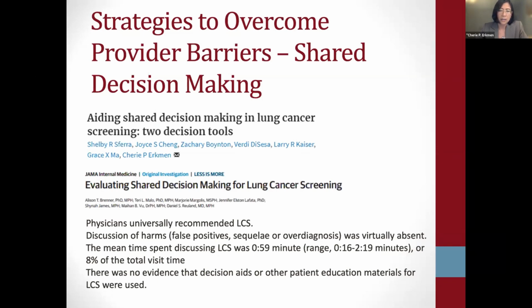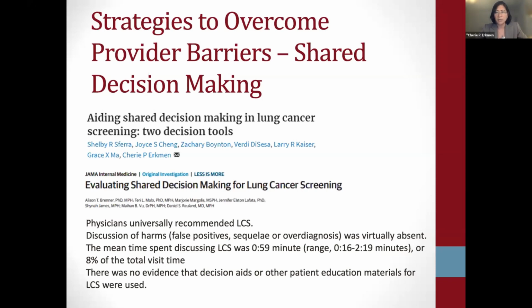This second study evaluating shared decision-making was very interesting in that when they looked at shared decision-making visits, physicians universally recommended lung cancer screening. So they're not really going through a decision-making process. It's really just the recommendation. Discussion of harms was virtually absent.